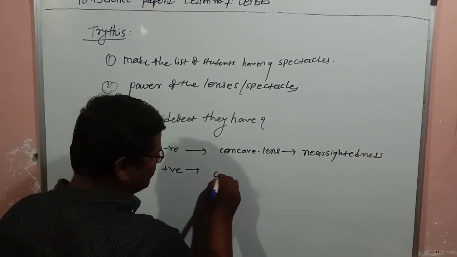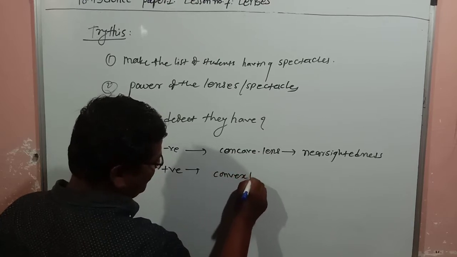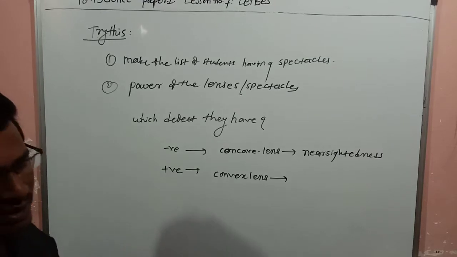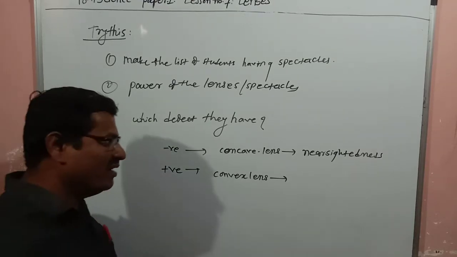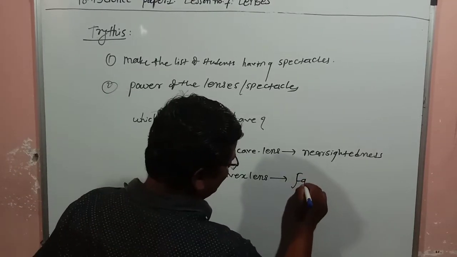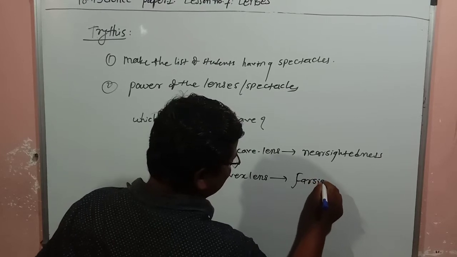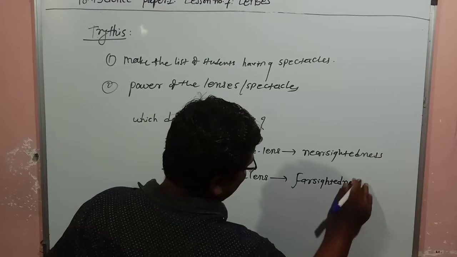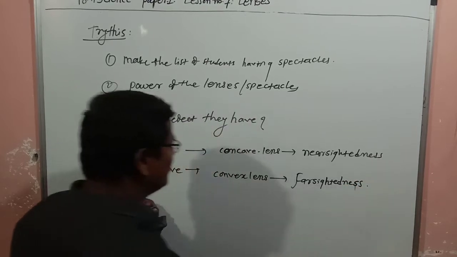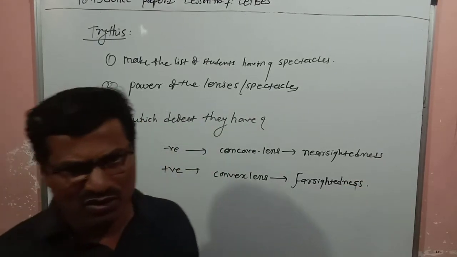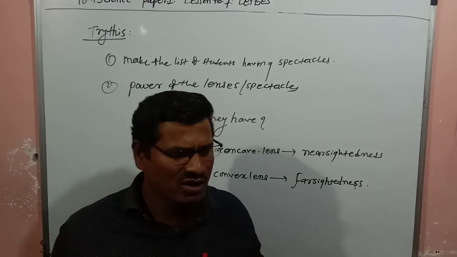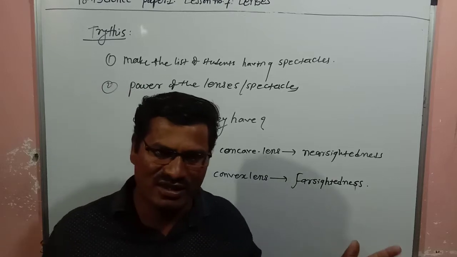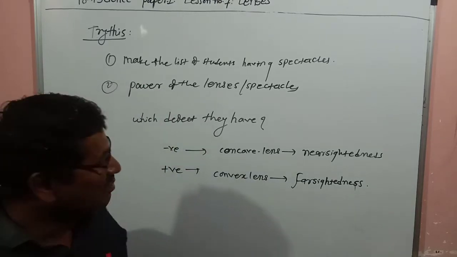They are using a convex lens, and a convex lens is used when the defect is farsightedness. So you have to try this: find out how many students have nearsightedness and how many have farsightedness.